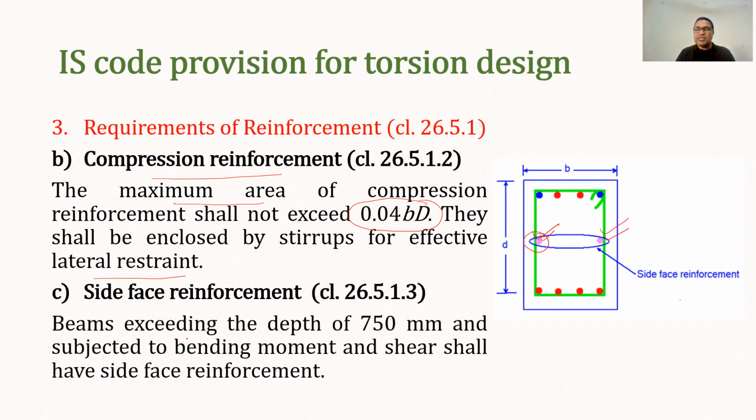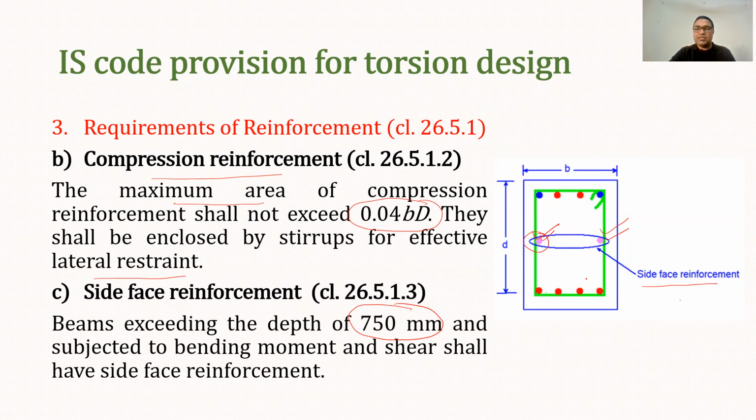Generally, in a beam subjected to bending moment and shear force only, if the depth of the beam exceeds 750 mm, then we are supposed to provide side face reinforcement. But here we are talking about beams subjected to torsion along with bending moment and shear force.